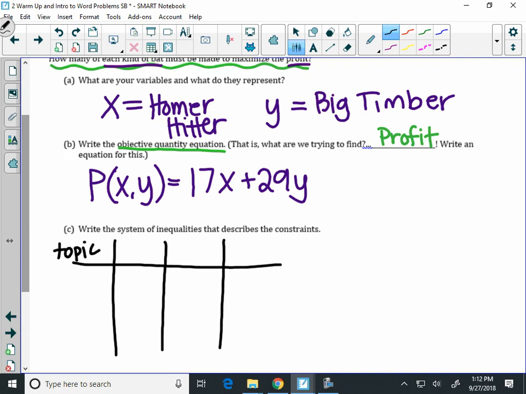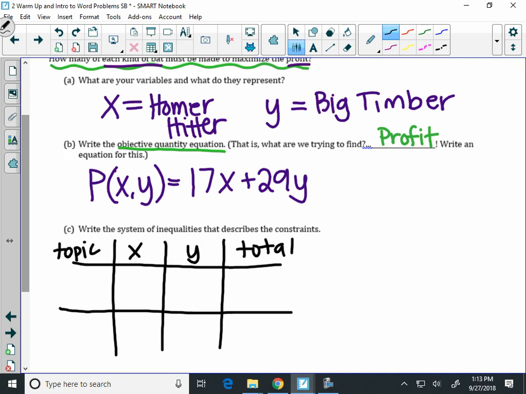Because we're going to label, I have an equation for this, an equation for this. Then the next column is for x's, your x variable. A column for your y variable. And then a column I'm going to call the total. Every time you set this up, those 4 columns need to go along the top, and you're going to end up with usually 2 rows, sometimes 3 rows, but 2 rows.